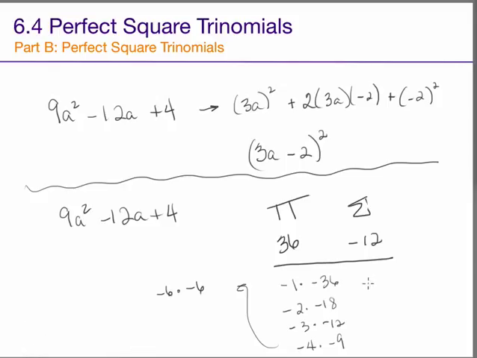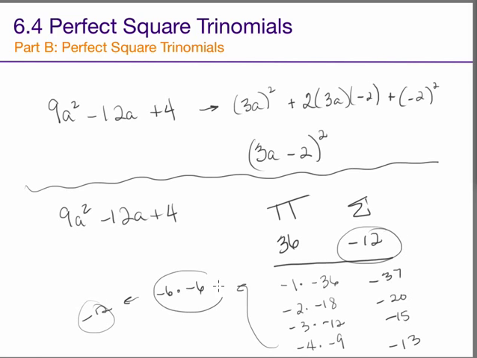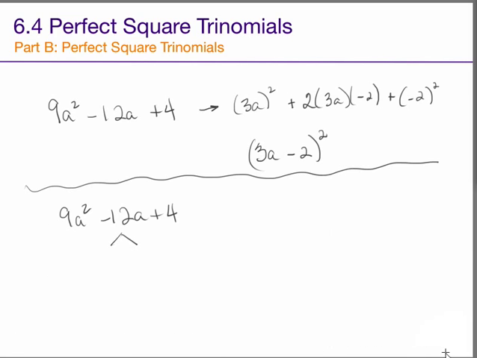When I add these together, I get negative 37, negative 20, negative 15, negative 13, or negative 12. My sum was negative 12. So these are the two numbers I need to use to rewrite the middle term. I had two negative 6's.